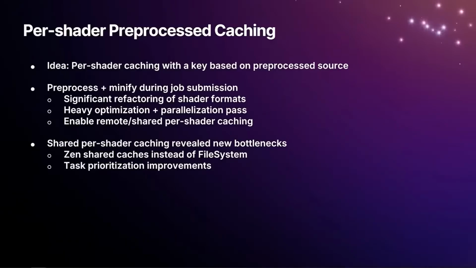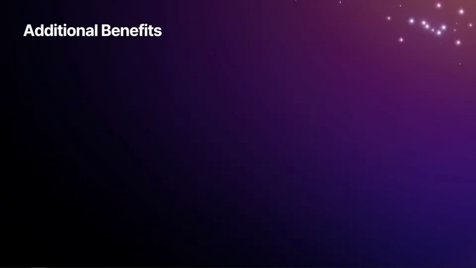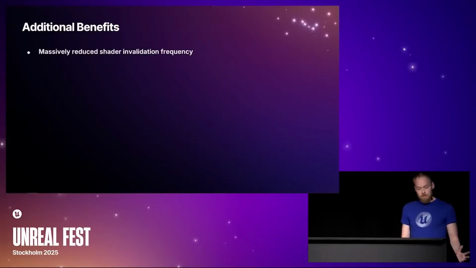So on top of the improved deduplication rate, there's actually a lot of other benefits from caching based on preprocessed and minified source. The biggest advantage comes from the fact that the big shader invalidations, which were the crux of most of our cook problems, become much less frequent. And there's a few reasons why this is the case.